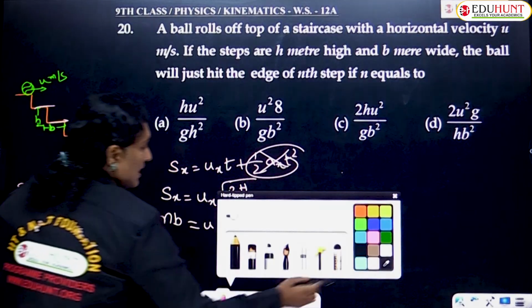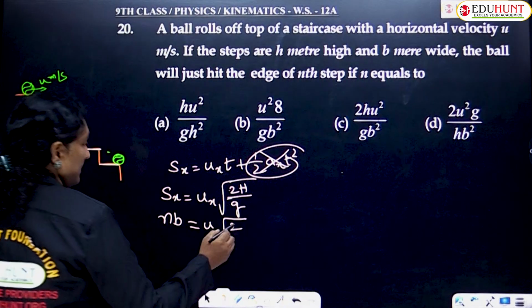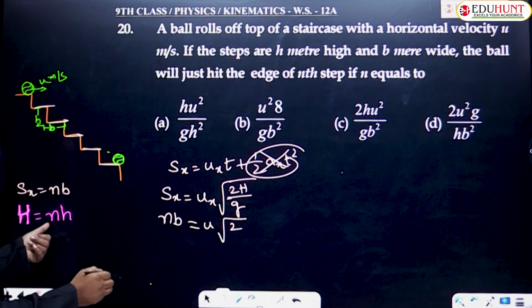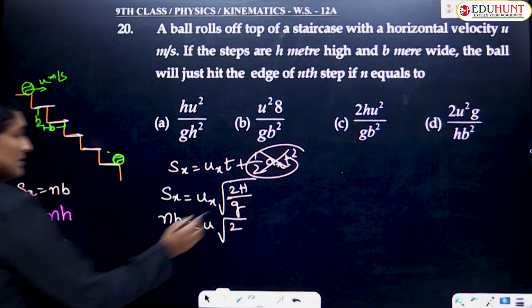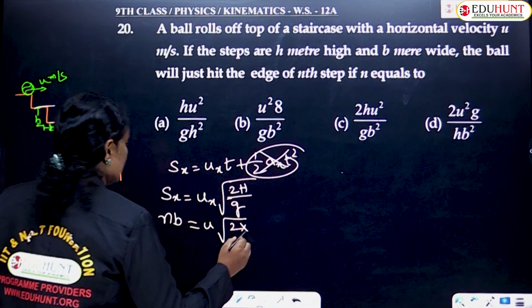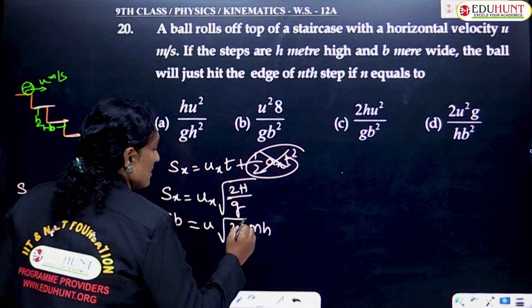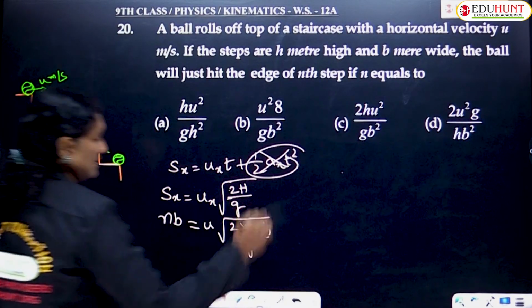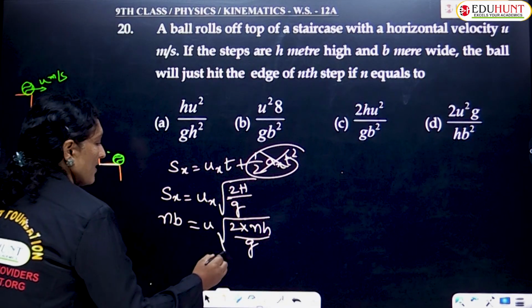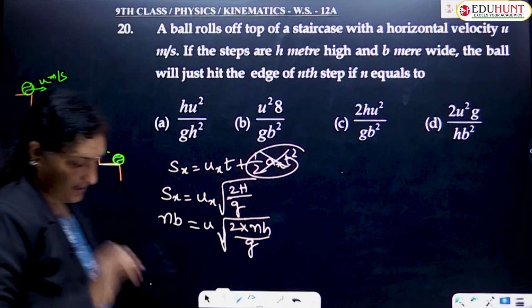Substituting the same in the above equation, we have Sx equals u into root over 2 times, instead of H, I should replace it with nh upon g. That's it. So you're asked to find the value of n.